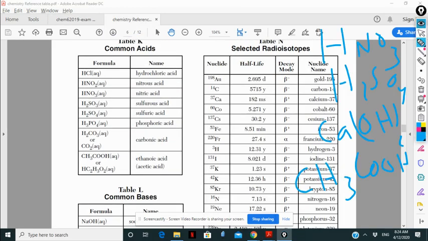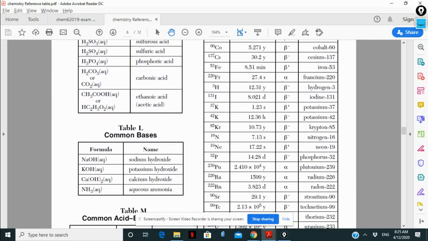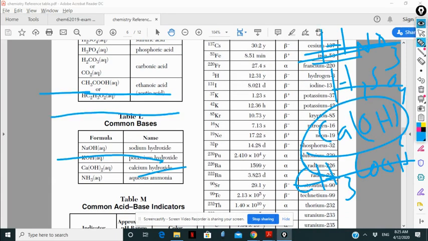So here, HNO3 is a common acid, nitric acid. So from this one, I know that it's an acid. H2SO4 is sulfuric acid here. CH3COOH, that's ethanoic acid. So the only one that is a base is Ca(OH)2, and if you go a little bit down, here is Ca(OH)2 in the base table. Okay.